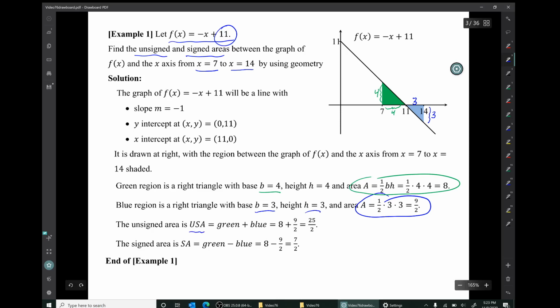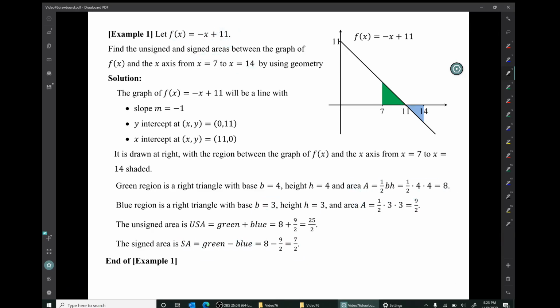So it's abbreviated USA, and it's found by adding the green and blue numbers. So we add that number 8 to that number 9/2, and we get the result 25/2. That's the unsigned area. Now what about the signed area? The signed area will be green minus blue, so 8 minus 9/2, so the signed area is 7/2.